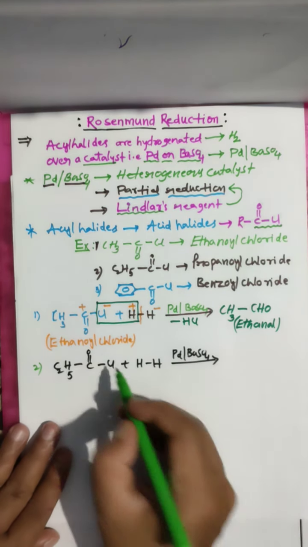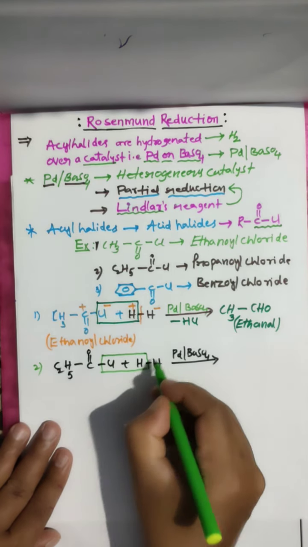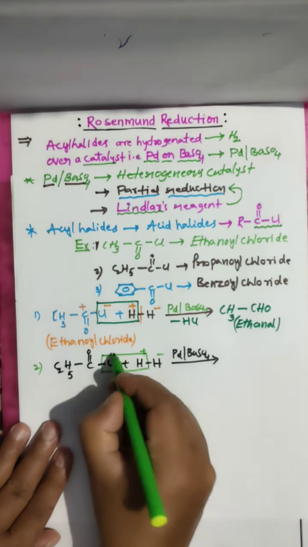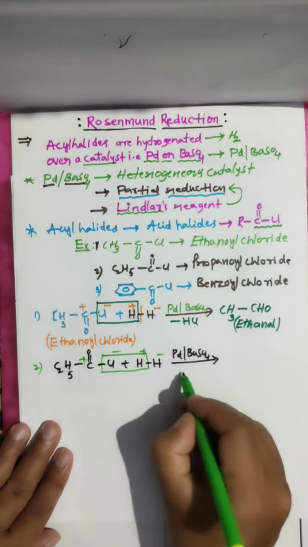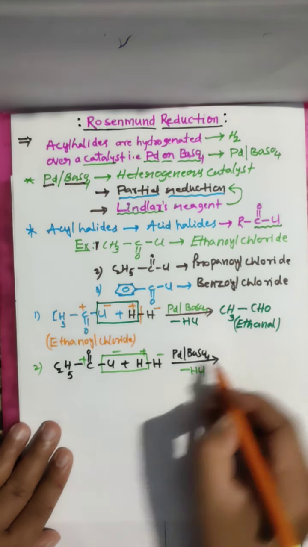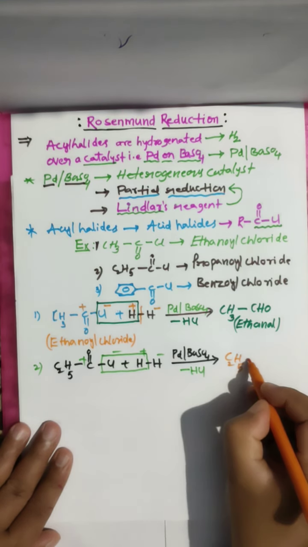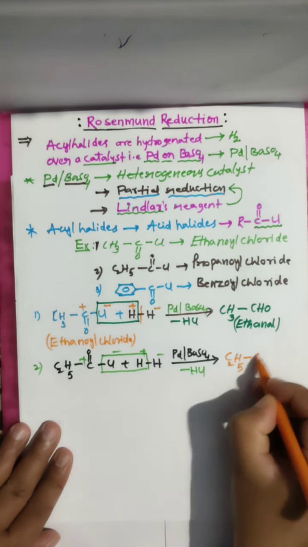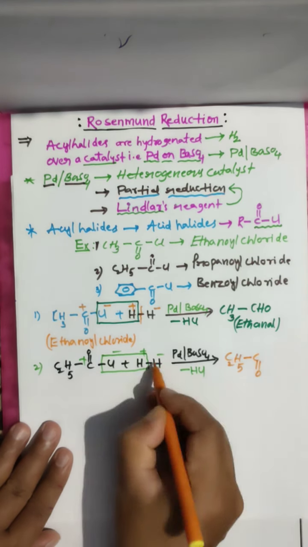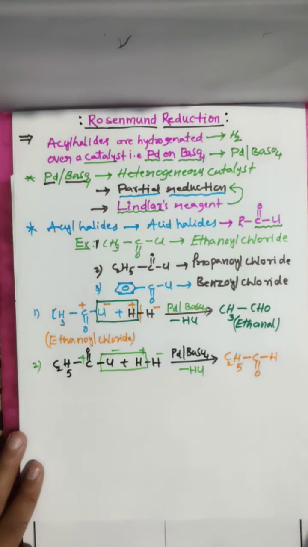As I told, this chlorine and this hydrogen are bonded, minus, plus, and removal of HCl. Then we get here C2H5, C double bond O, and here one hydrogen bonded. This is what we got. So what did we get here?